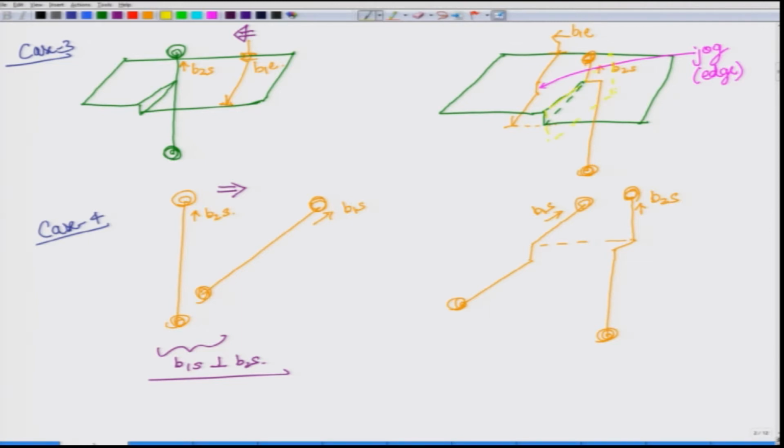So, this is the slip plane, and this has moved it away from the slip plane, and therefore, this one is a jog. And what is the character? The Burgers vector here is edge, perpendicular to the line vector. So, it is an edge dislocation. So, in both these cases we are getting jog and edge.